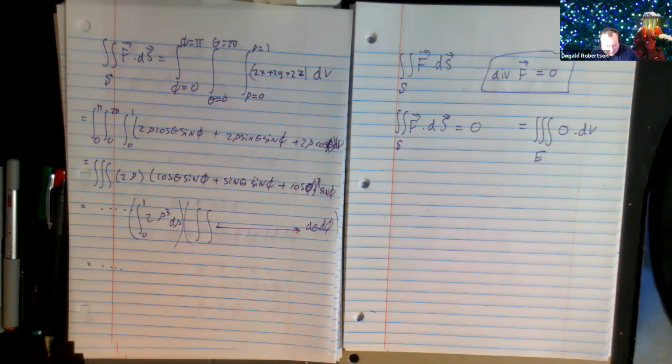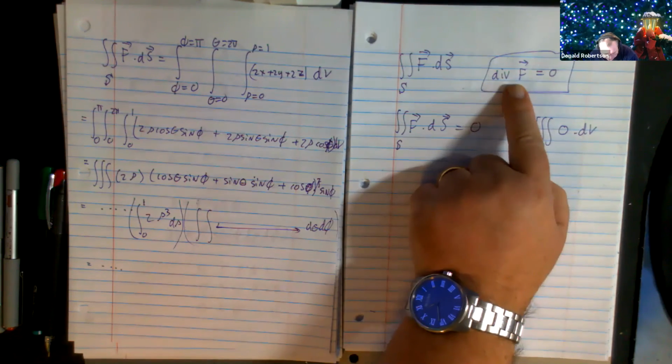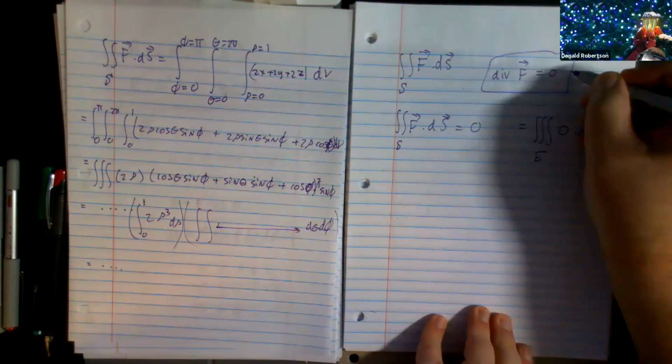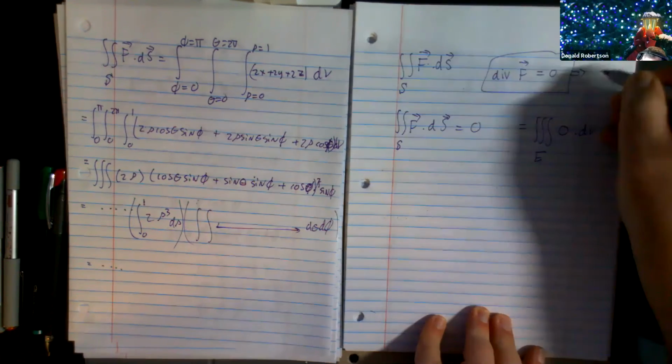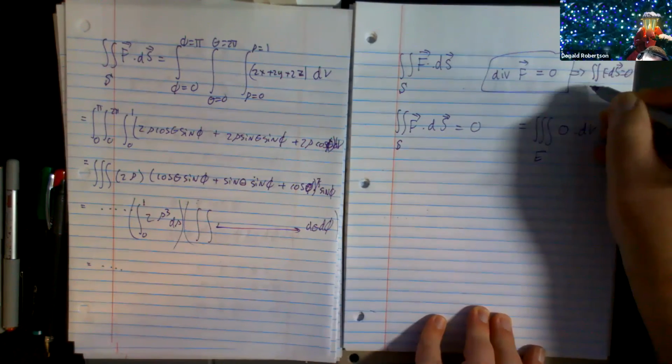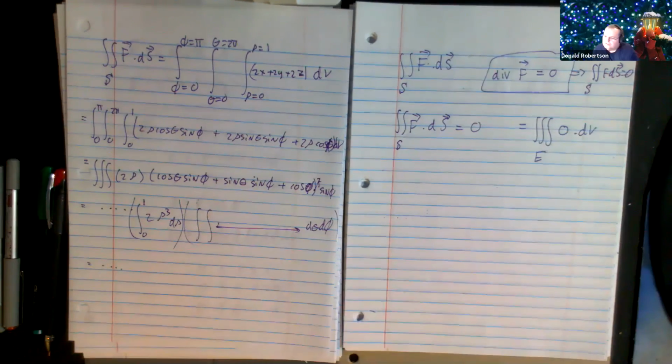So the thought that's come to me is: the divergence of F is 0 implies that this thing is 0, right? That the flux is 0.